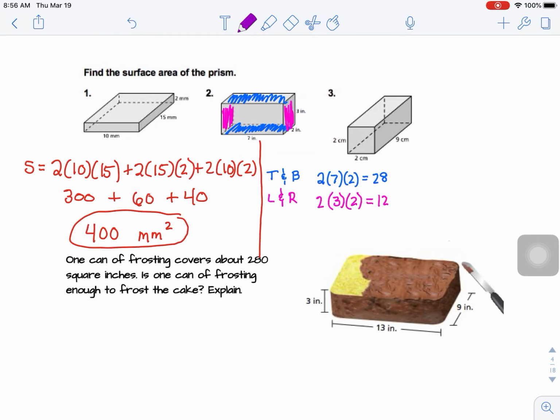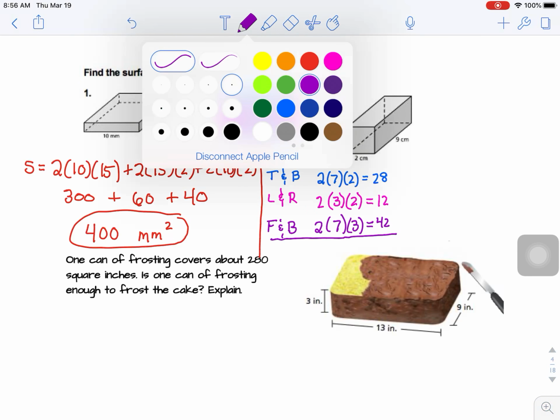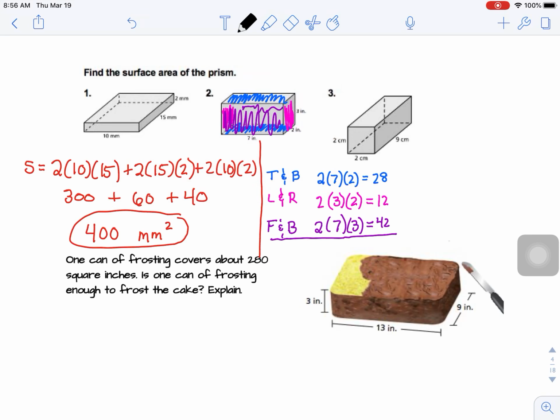And then the last 2 pieces are the front and back. So that would give me 2 times 7 times 3, which gives me a total of 42. And then we can add those pieces up together, and that would give us a total of 82.